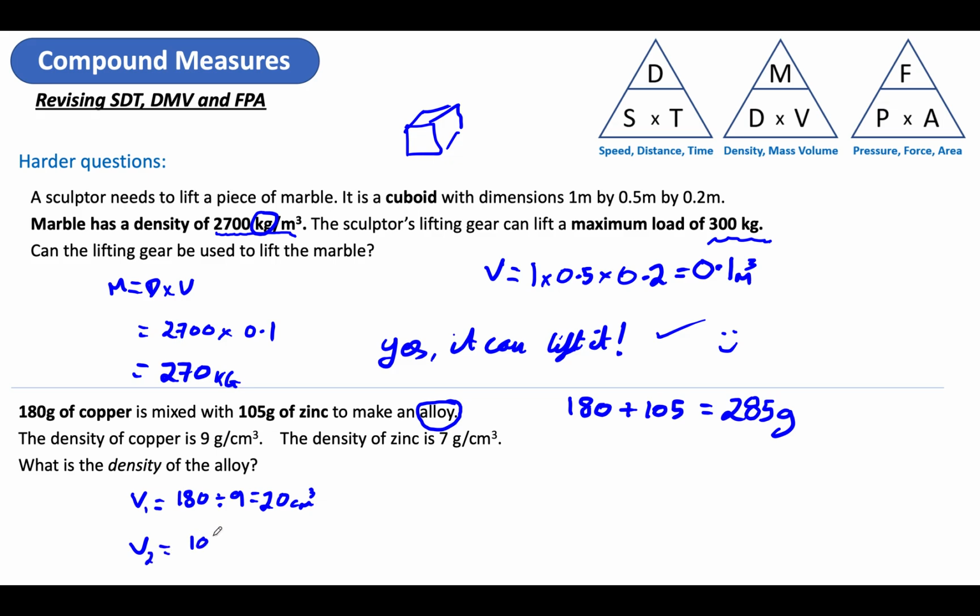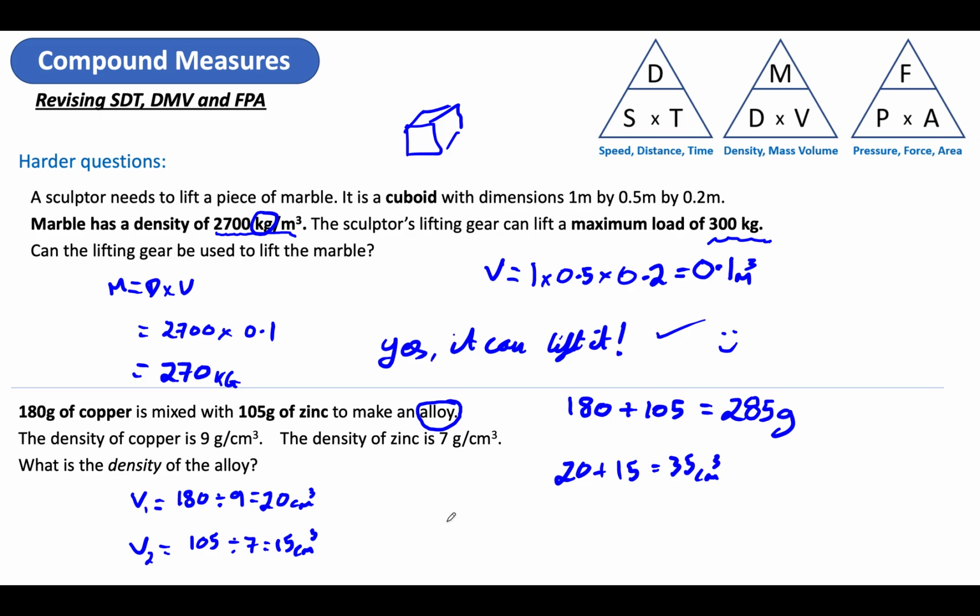We've got 105 grams and a slightly lower density of 7. So 105 divided by 7 is 15 centimeters cubed. Now we can work out the total volume: 20 plus 15 is 35 centimeters cubed.